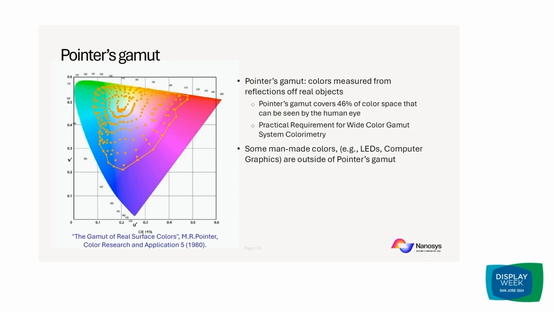And the 3 that we're going to look at here specifically are Pointer's gamut, which is on this slide, and then also DCI-P3 and REC 2020 to explore their characteristics and how they relate to each other in the grand scheme of color representation. So Pointer's gamut is the ultimate goalpost.